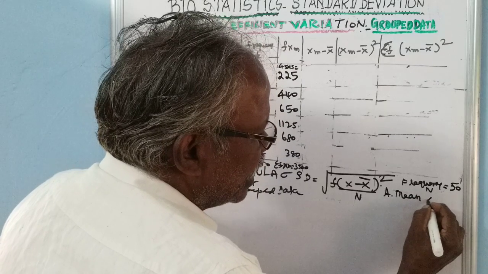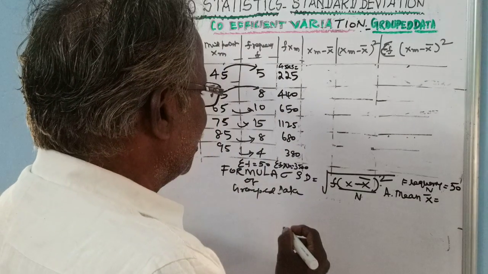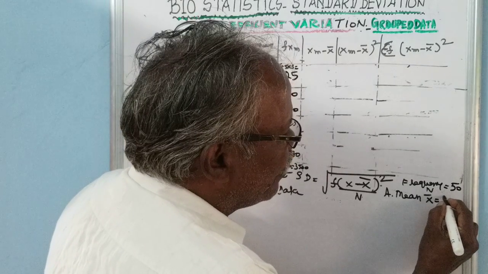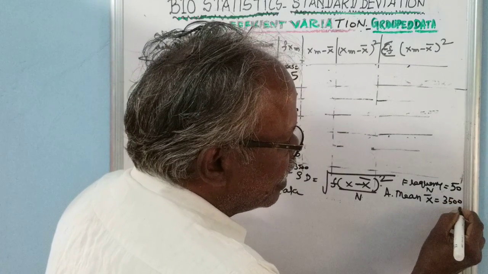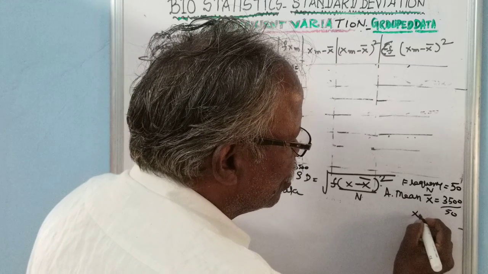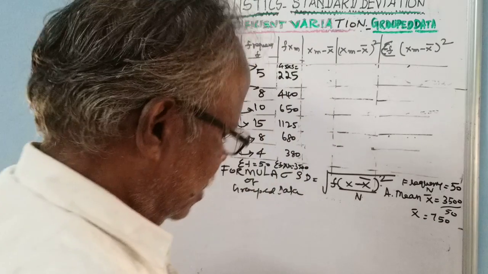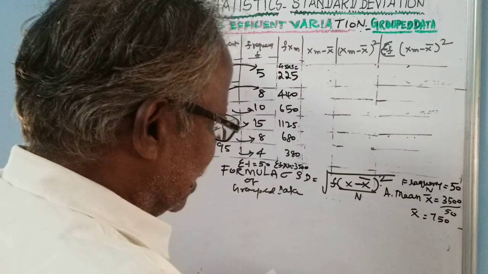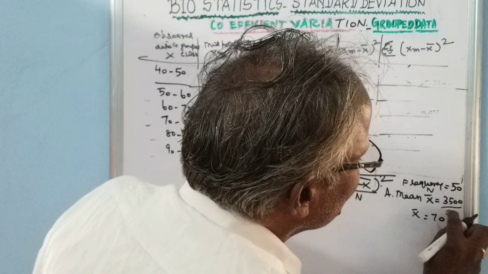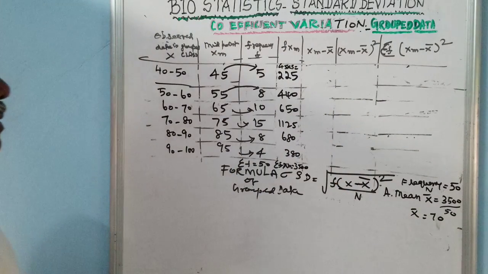That is the total fxm, coming to 3500, divided by 50. So the arithmetic mean is 70.